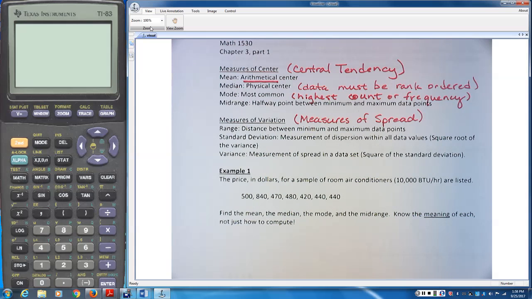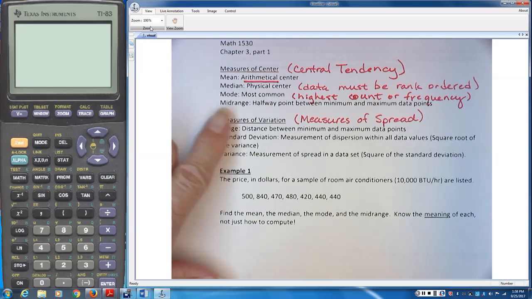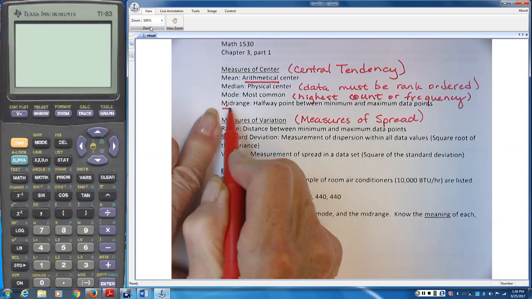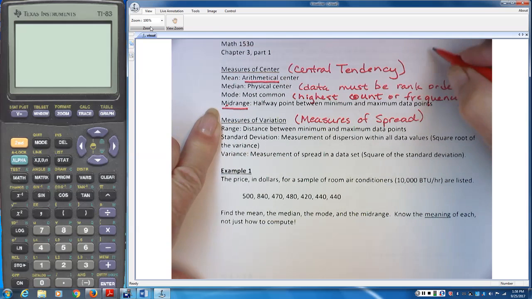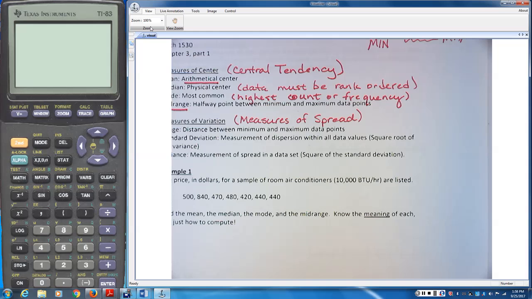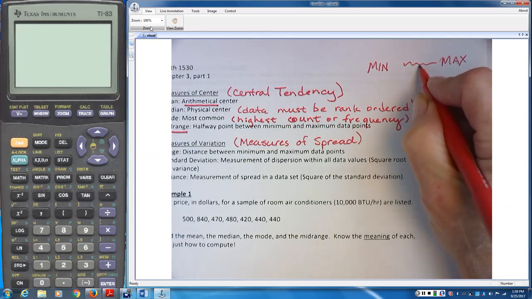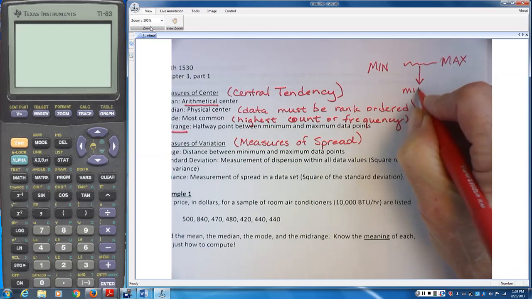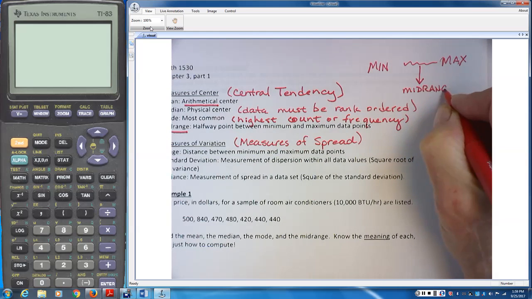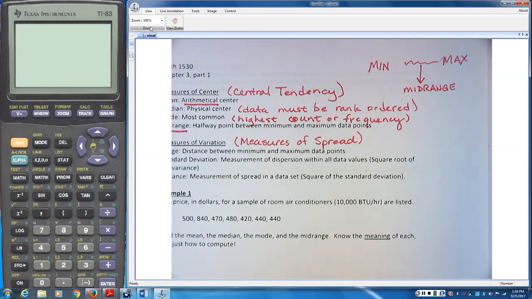Now the first three are all good measures of center. The last one is listed in your book. It is actually the most useless one, but it's really easy to find. The mid-range, if this is your data set, and you've got a min and a max, the mid-range is the number that's right dead center between those two numbers.